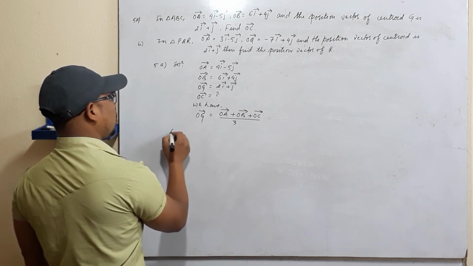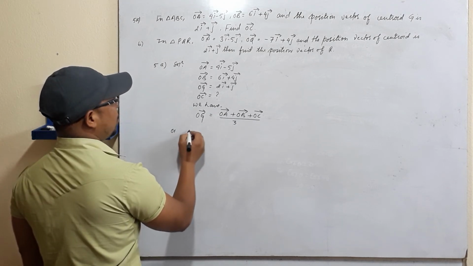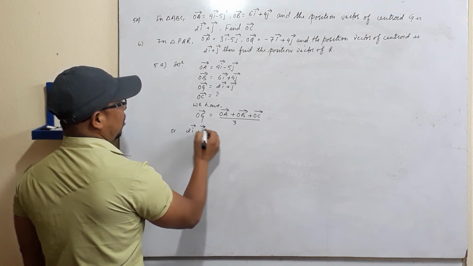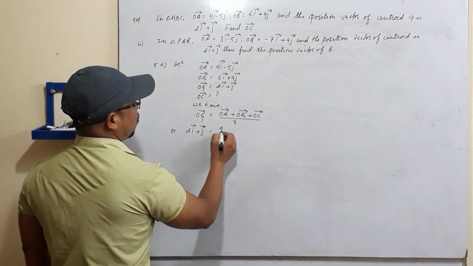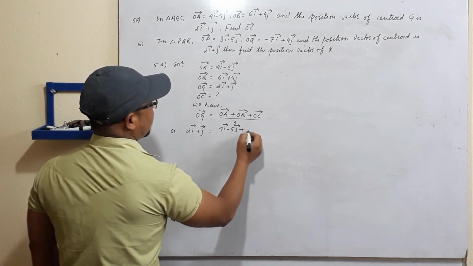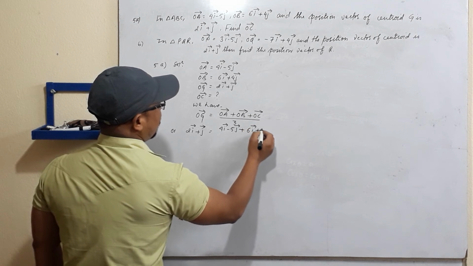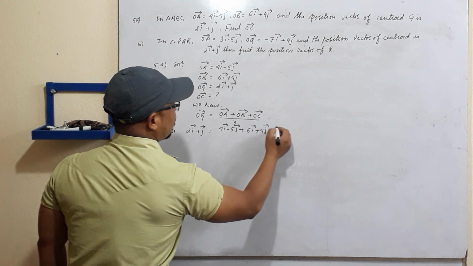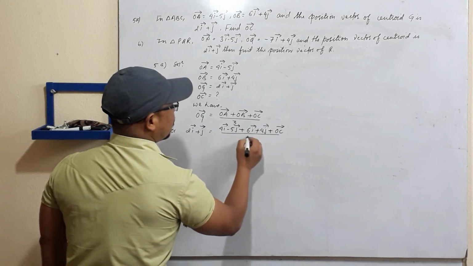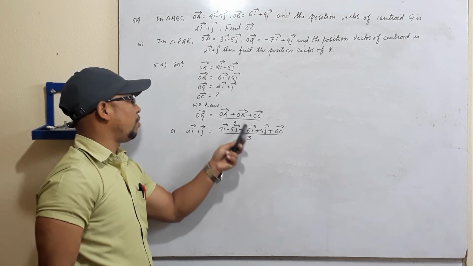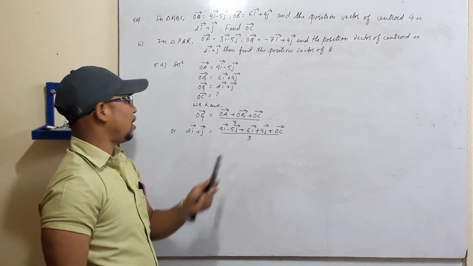Now let's substitute all the values here. So OG vector means 2i plus j equals OA vector, which is 4i minus 5j, plus OB vector, which is 6i plus 4j, and OC vector, which you need to find, whole divided by 3. Just substituting OA vector, OB vector, OC is similar. Now let's cross multiply.